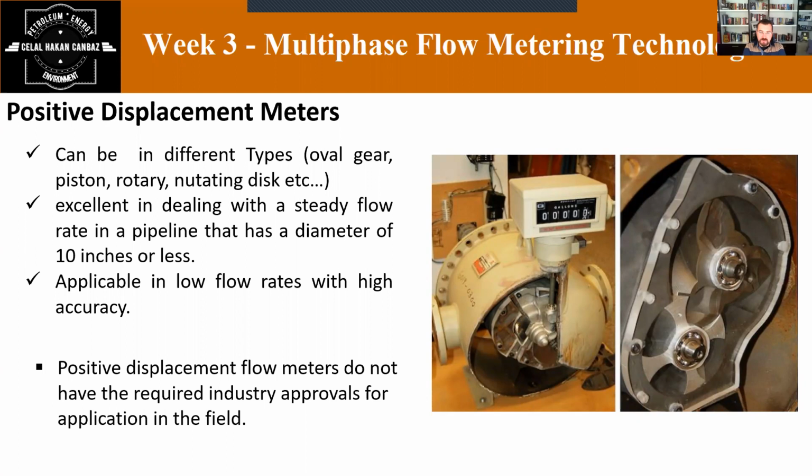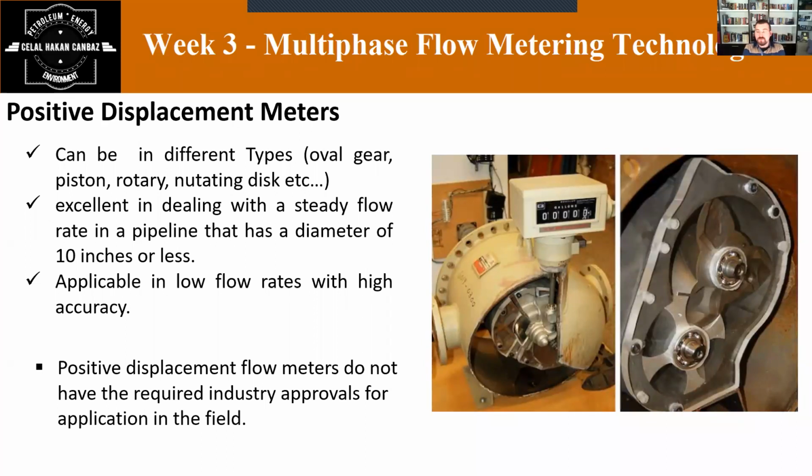They are applicable in low flow rates with high accuracy. Especially we were using this one for low flow rates. With low flow rates, your accuracy will be higher compared with higher ones. Okay. So positive displacement meters have one of the negative effects on the measurements: they don't have the required industrial approvals for application in the field.